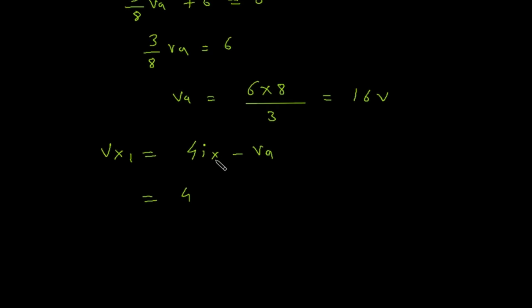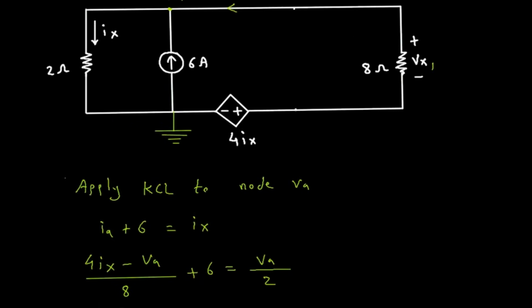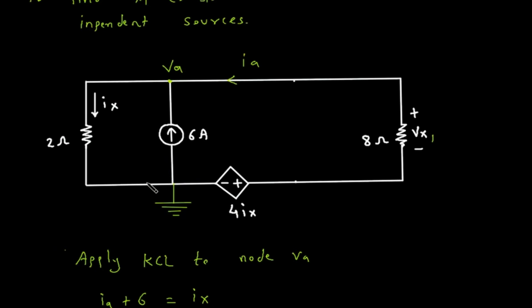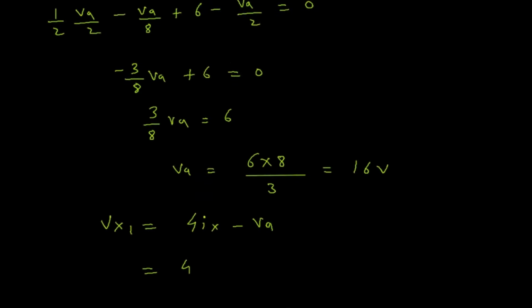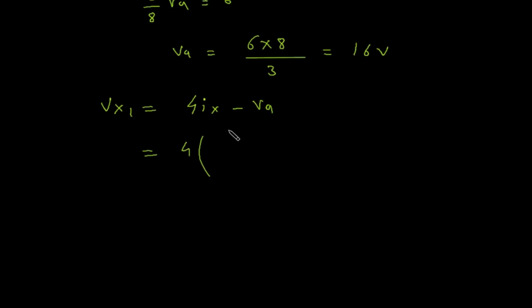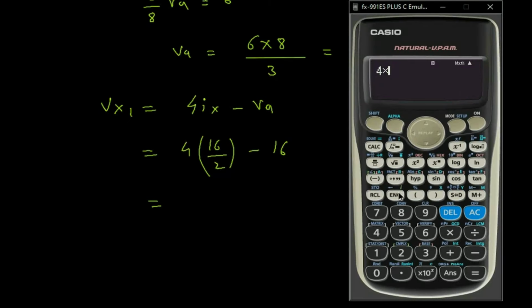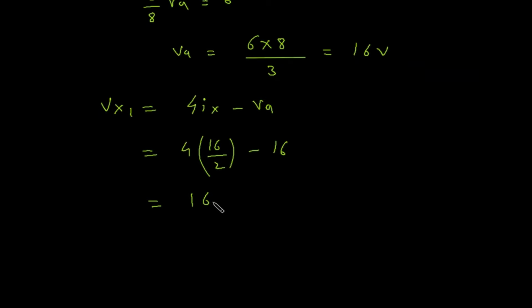So 4 into Ix is VA minus 0 by 2, VA minus 0 by 2 minus VA. VA is 16. So this will be 4 into 16 by 2 minus 16. So Vx1 is 16 volt.